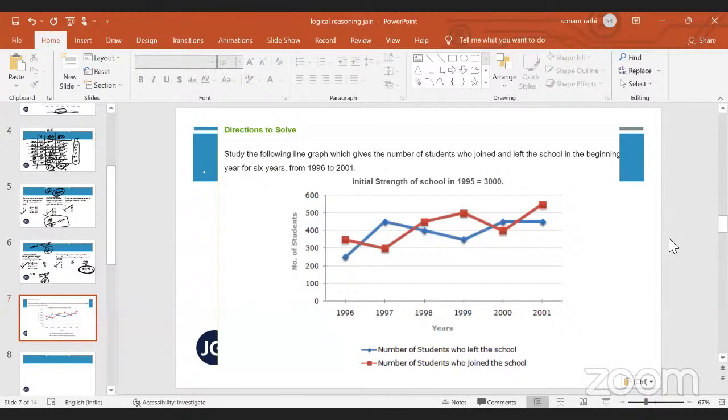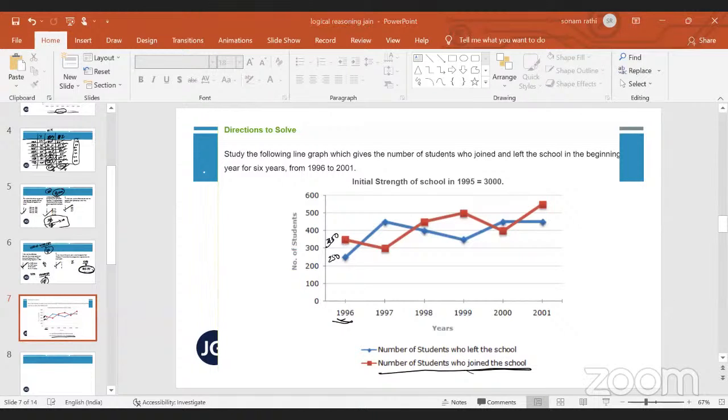Study the following line graph, which gives the number of students who joined and left the school in the beginning of the year 1996 to 2001. So in 1996, how many people joined? 350 joined and 250 left, like this. Everyone please note down the data properly.